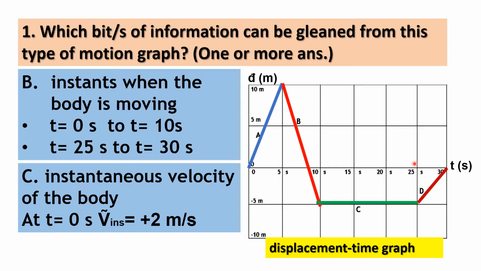So we were able to answer, or prove, that at the time intervals 0 to 10, as well as 25 seconds to 30 seconds, the body is indeed in motion. It's only from 10 seconds to 25 seconds where the body is at rest.